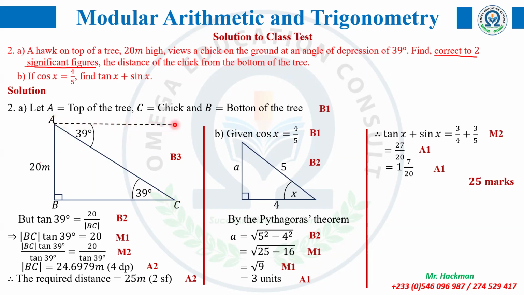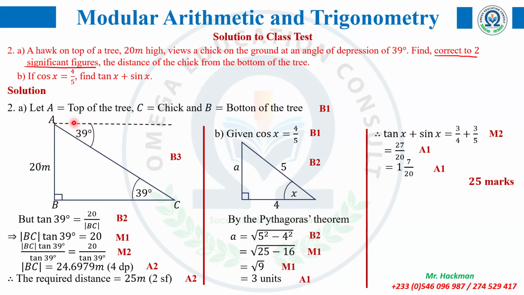You need to turn down an angle of 39 degrees before you can sight the chick. This angle that you turn down is your angle of depression. So we need to see this angle as well. Did I say 90? 39 degrees, forgive me.